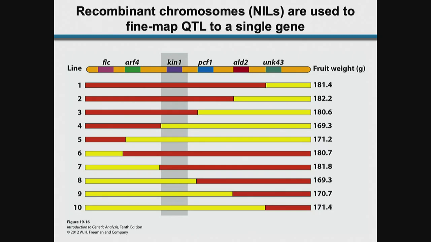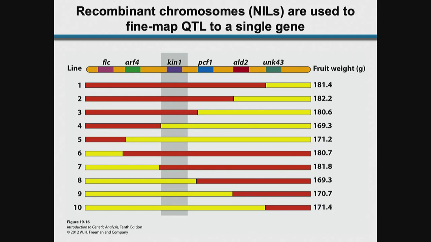What this shows is that whether the segment or the allele is derived from the large Beefmaster strain, it will be marked in red at these different loci here, or if it's derived from the small Sun Gold strain, the small parent, it's marked in yellow, okay?